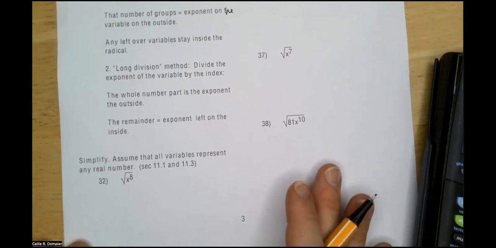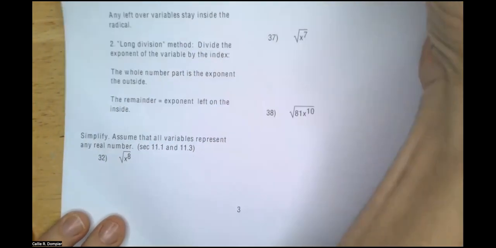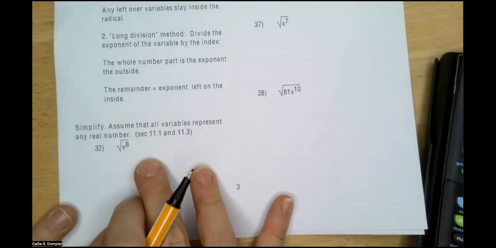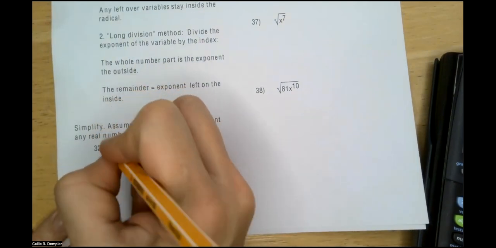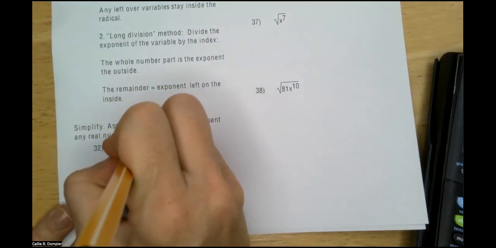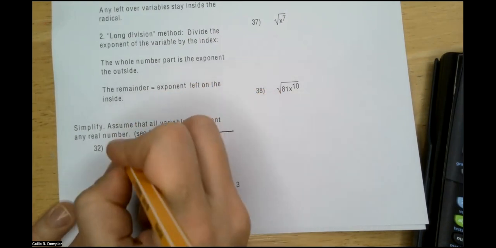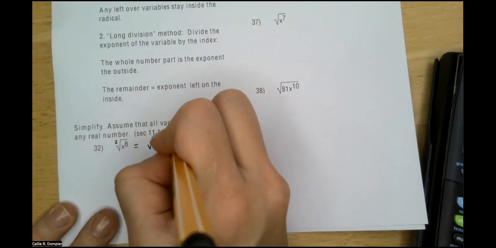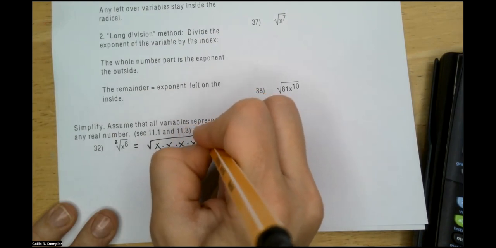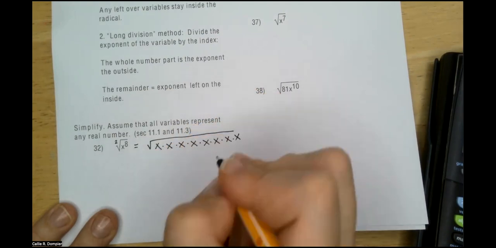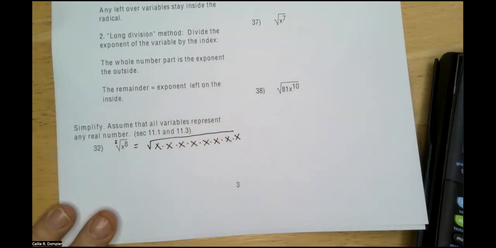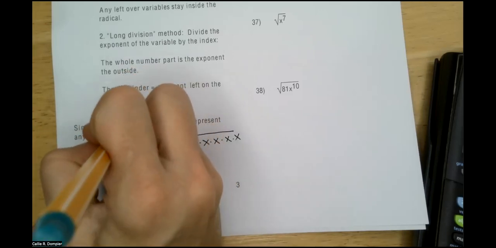Okay, let me explain that. X to the 8th. So remember, this has an understood index of 2, right? So x to the 8th, the grouping method is going to give me 8 x's. Correct? And then I group them according to the index.